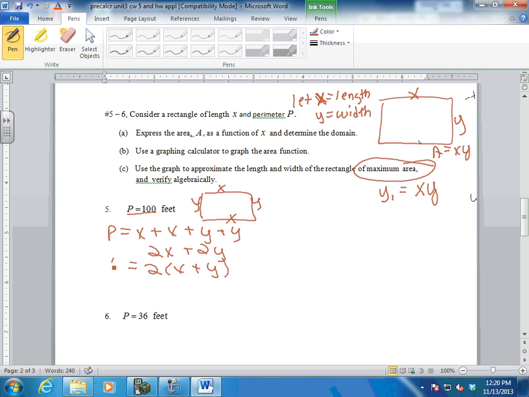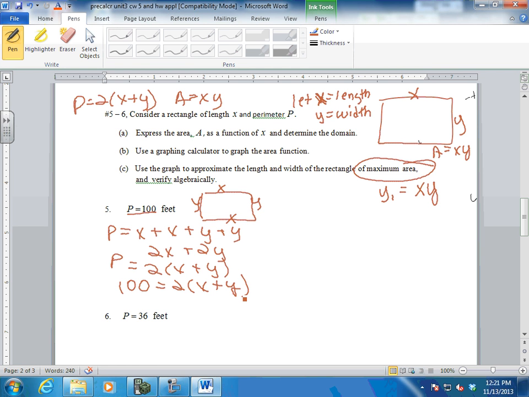So we're going to make this be the perimeter formula. So perimeter is equal to 2 times x plus y, and area is equal to x times y. Right? Geometry. Now, perimeter is 100. We need to solve for y and put this into our area formula in our y1.